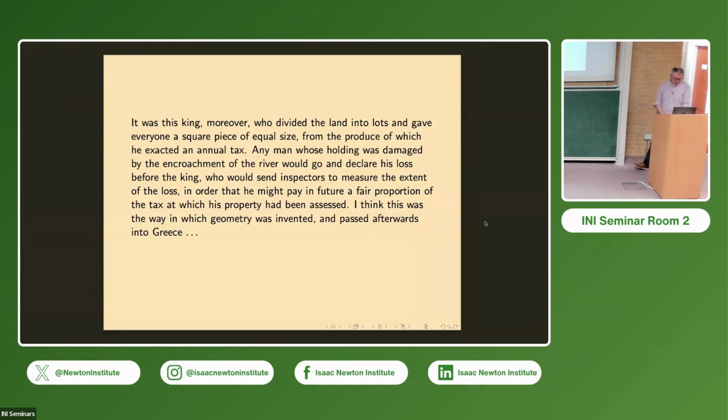And there are a few embellishments over the following centuries. So reference, for example, to the so-called harpedonaptai. Sorry, I always get that word wrong. The so-called rope stretchers, who are supposedly marking out temple boundaries with knotted ropes and so on.